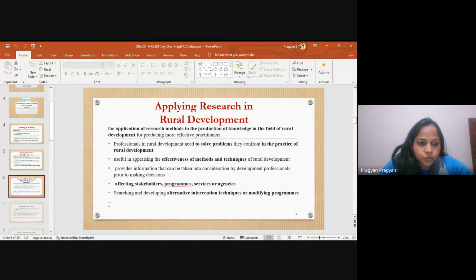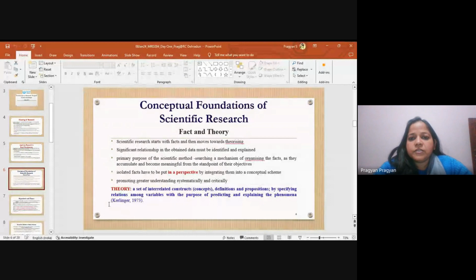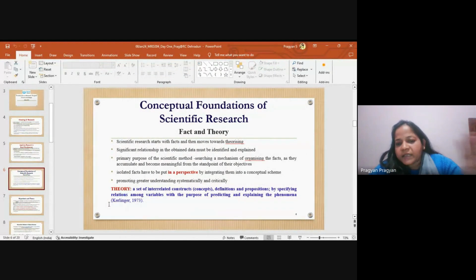Now let's go to the other slide, and this is about the conceptual foundation of scientific research. As I told you, the whole time we are going to talk about what is fact and what is theory, because facts are only bits and pieces, while theory guides a full narration.